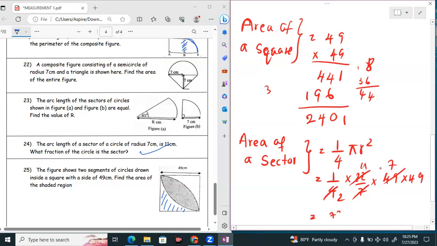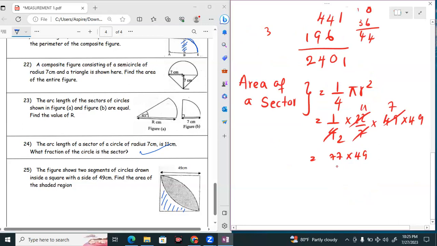It is 77 into 49/2. Okay. Then what you have to do, let's see what is the answer for this one.